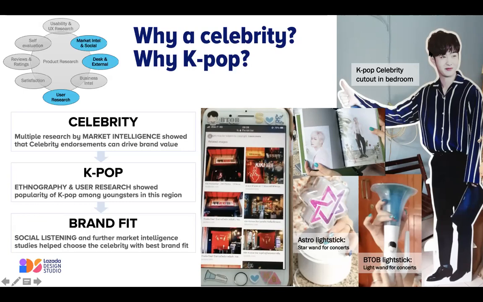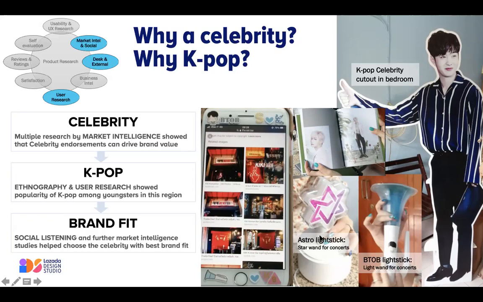And this is from our ethnography. I know by now everyone has stared at this and is wondering what is going on. This is a K-pop celebrity cutout in the bedroom. When we went to the bedroom, we found this cutout, and it is actually a full-size cutout. So they have this in their bedroom, because this must be her favorite K-pop celebrity. They also collect all these souvenir books.